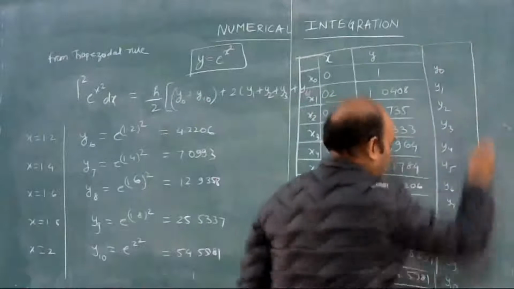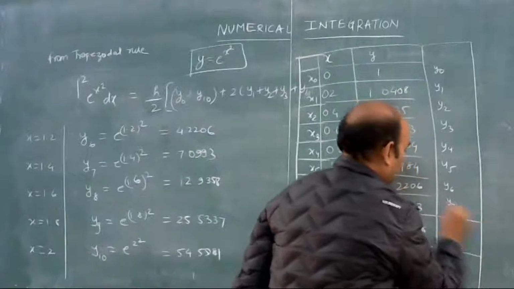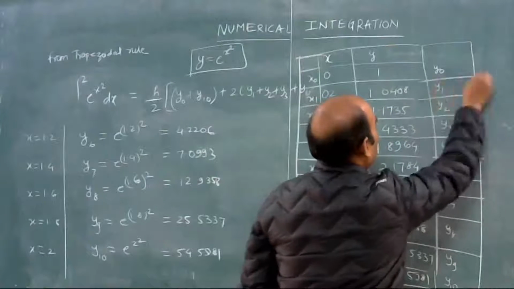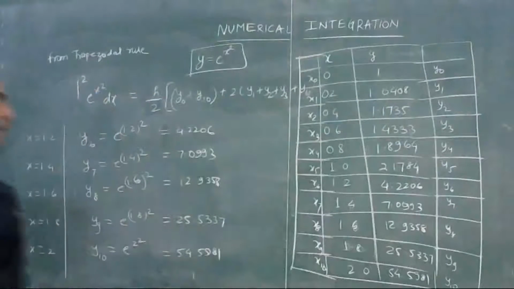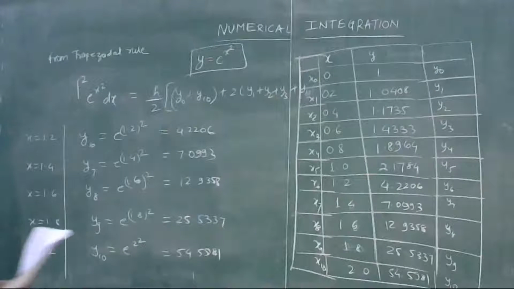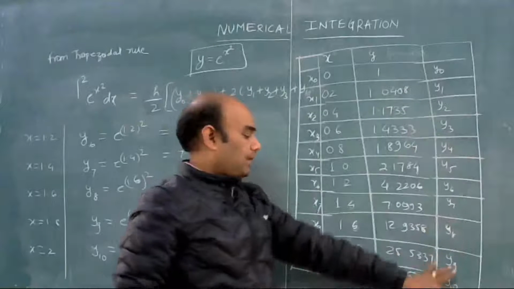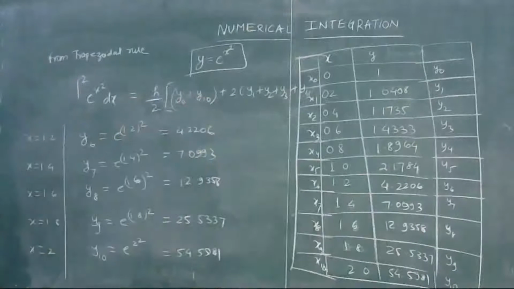These are values of y. Okay, and now we'll substitute these values of y0, y1, y2 up to y10 in the given equation.